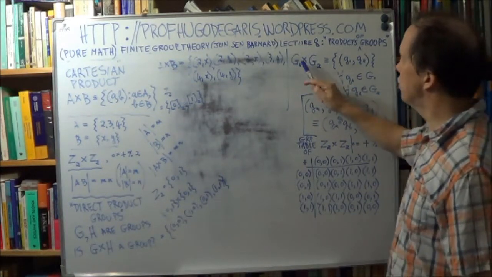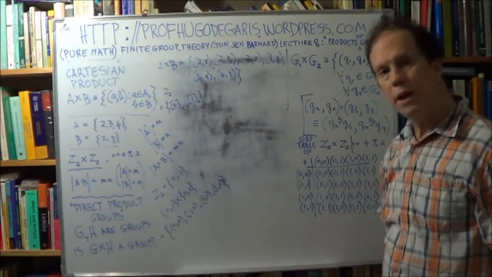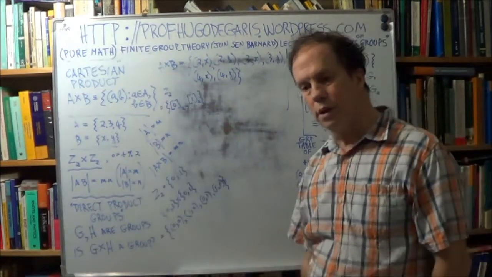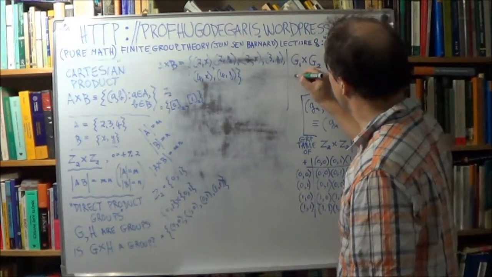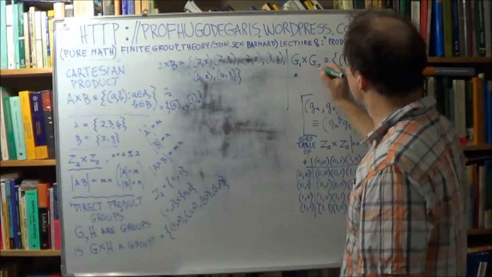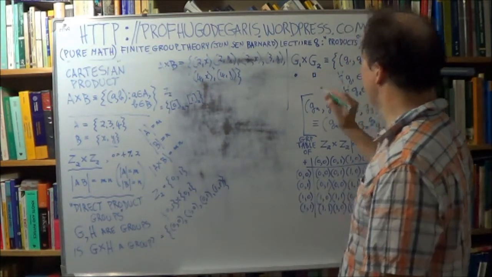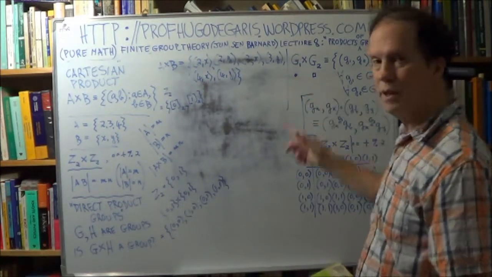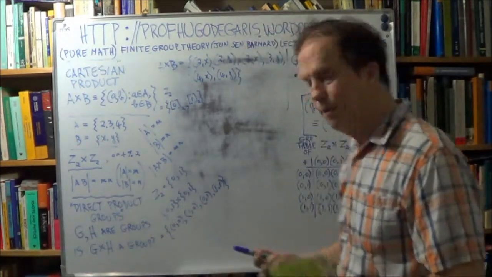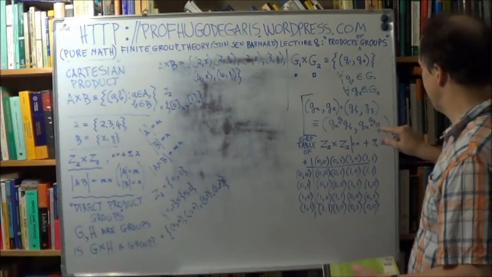See, these are two groups. They might have different binary operators. Like this one's binary operator might be a little circle, and this one's I might represent as a square or something. It might be a different binary operation.